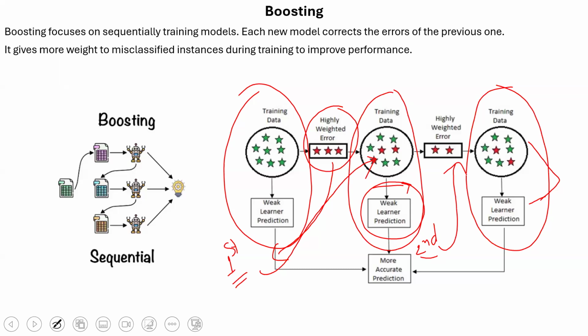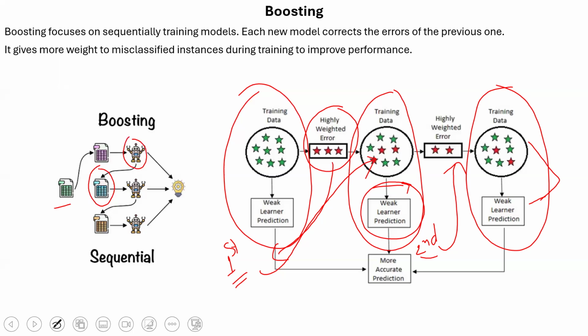So this is the initial data set. It is fed to the first predictive model, and the second model's training data set will depend upon the output given by the first model. The wrongly classified records will get more weightage, which means some sort of weightage will be given to those records, or they will be repeated more times.